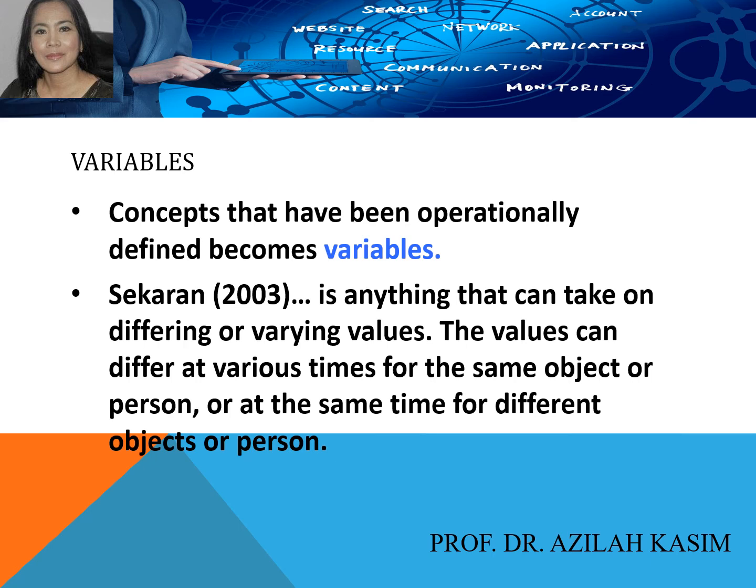According to Sekaran in 2003, a variable is anything that can take on differing or varying values. The values can differ at various times for the same object or person, or at the same time for different objects or persons. So what it's saying here is that it depends on how we operationally define the concept. That would be our variable.